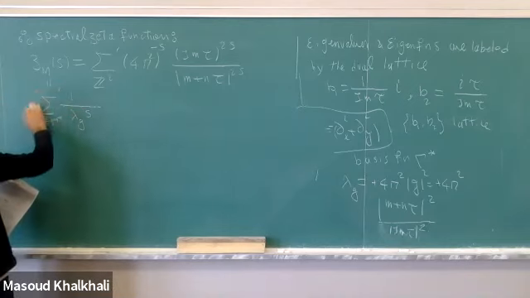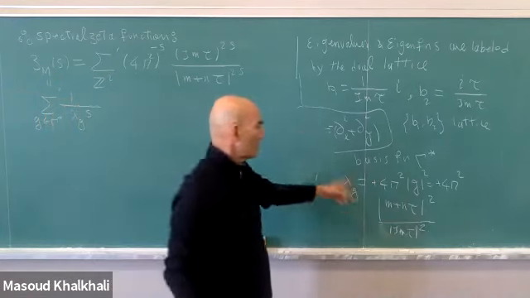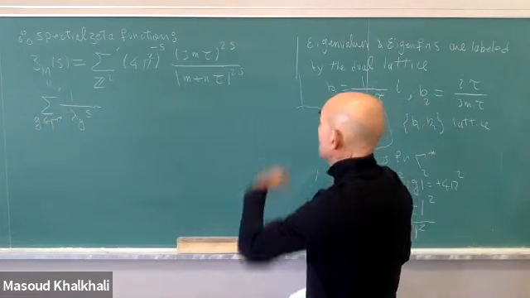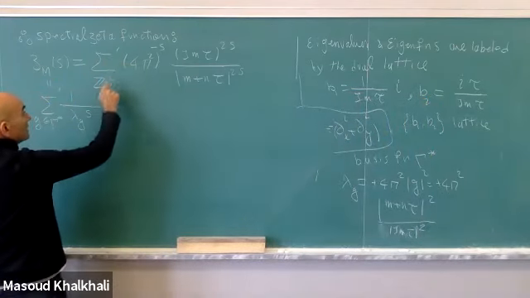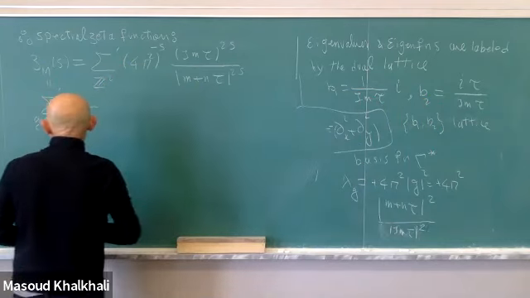The prime again means that we are deleting the zero, so m and n cannot both be zero. That's all it means.